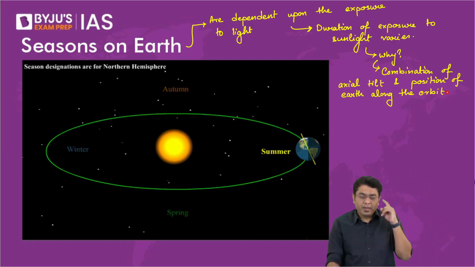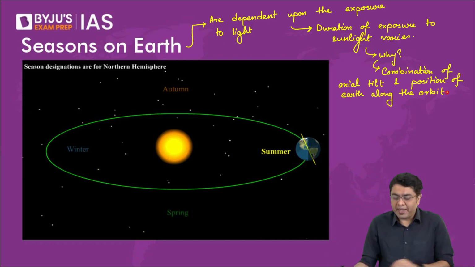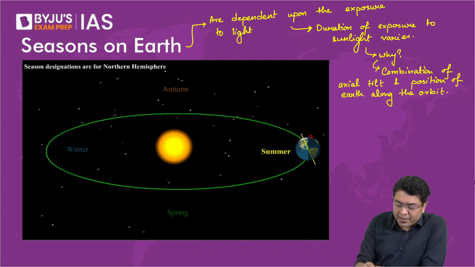Okay, let me tell you what do I mean by this. So for example, in this particular image, you observe a position of the planet. Let's draw the equator here, a rough equator. This is what represents the circle of illumination, isn't it?